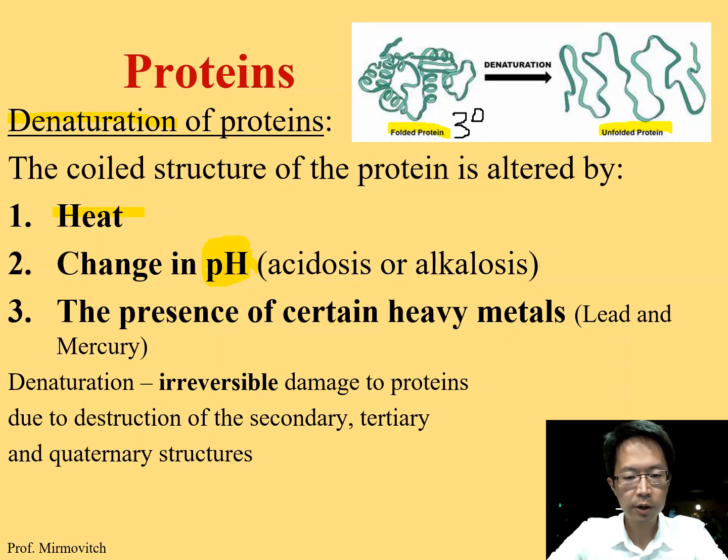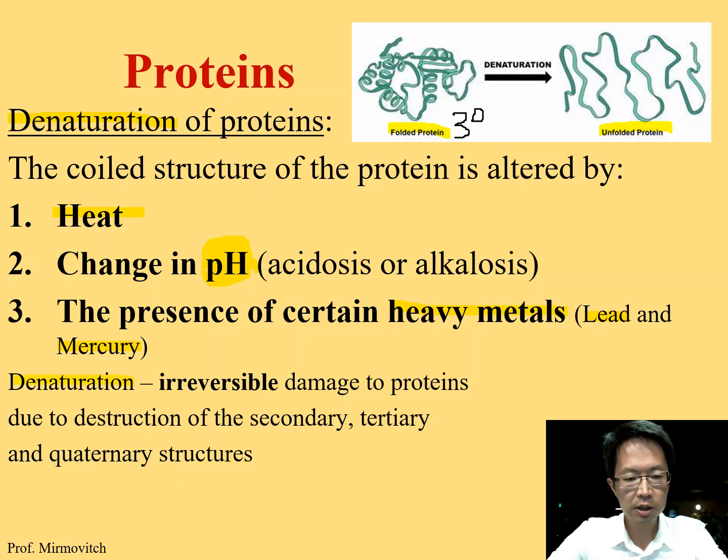Or the presence of certain heavy metals, lead and mercury. That's the reason why lead and mercury are poisonous. They can affect the protein structure. Interesting.